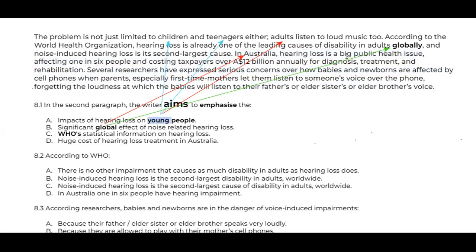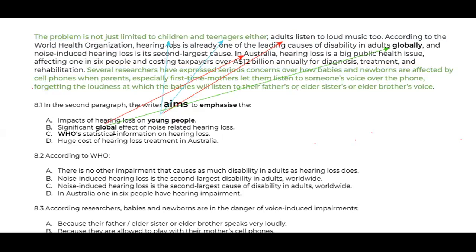So finally, we can conclude something like several researchers. This is all about young people. Okay. So let's conclude that this is young people and this is also young people. Can you find any other area where young people are mentioned? If you consider this way, A can be the correct answer.